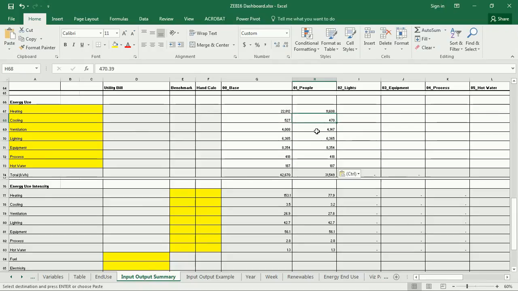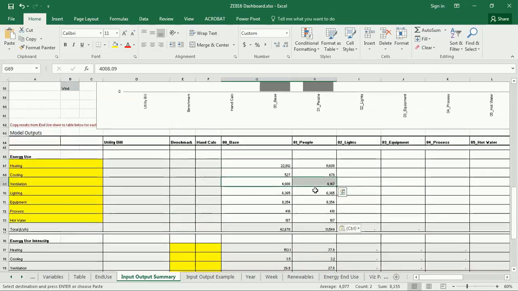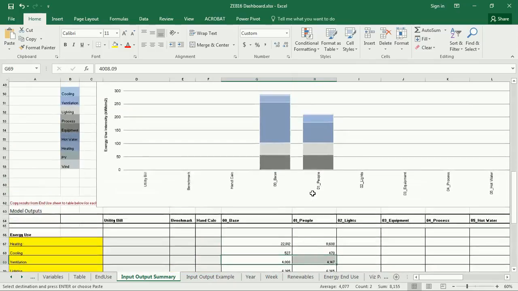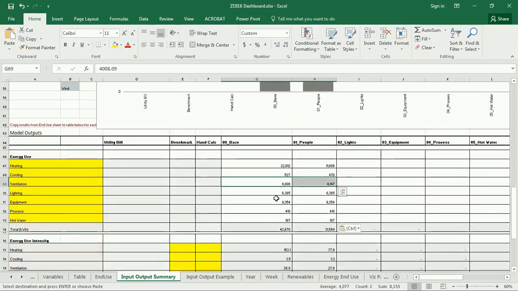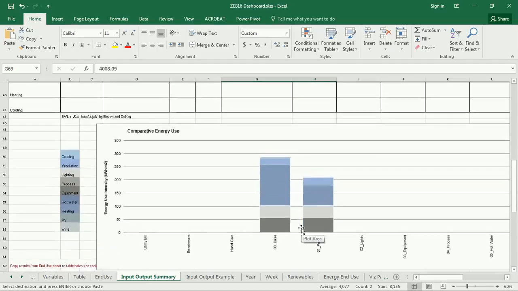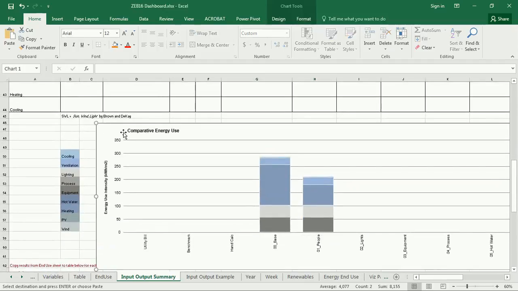The other numbers, the ventilation is different, and I can't remember if maybe I accidentally changed something. The other numbers are all the same as they should be. And something to note as you do this, by the way, sometimes it's very difficult to see differences like that because I've got all these other numbers. So one thing I like to do is to copy this comparative use energy.